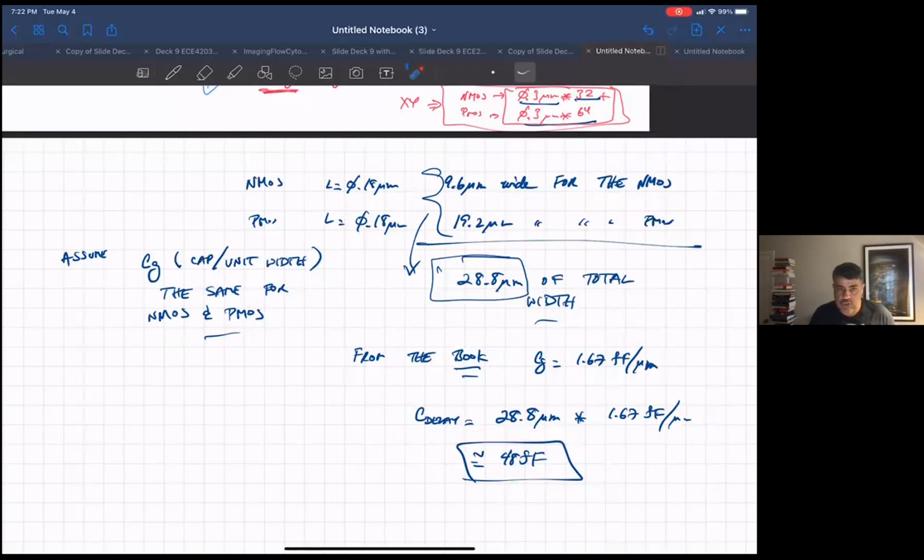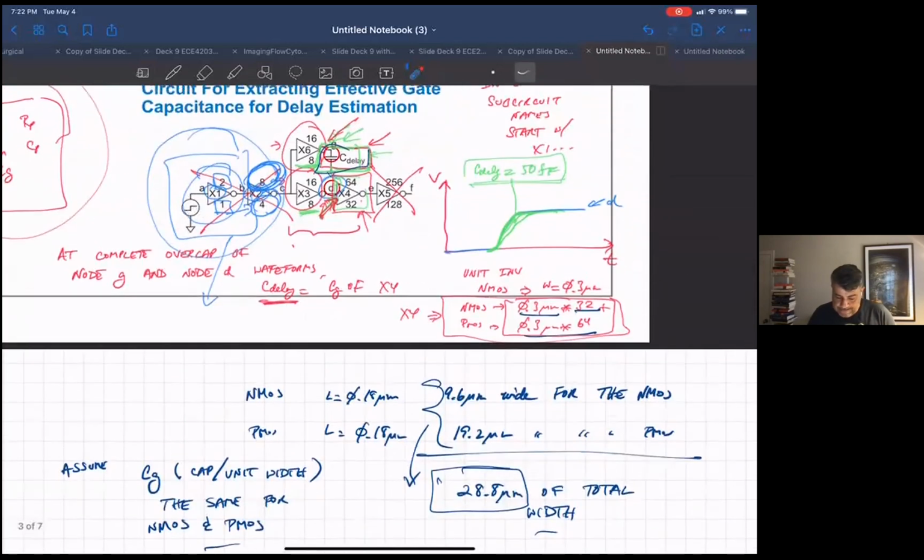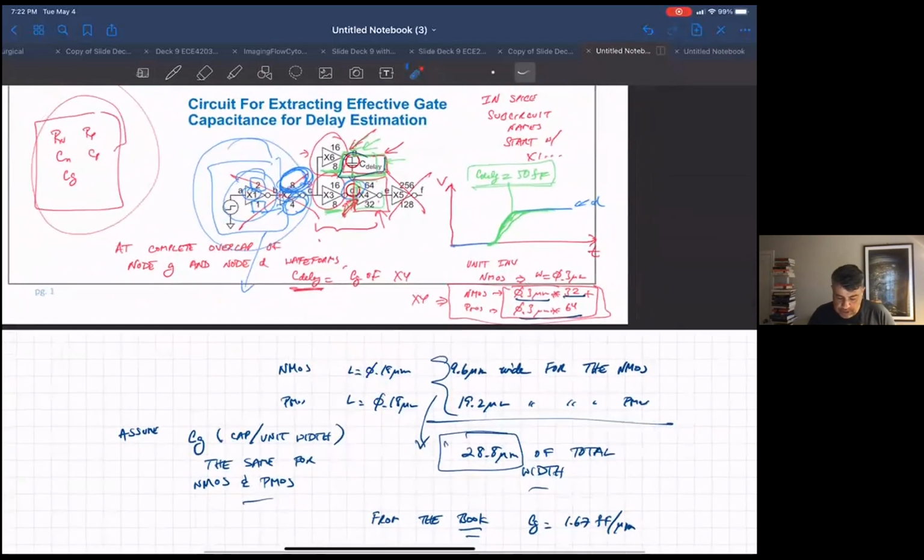But you have this cheat sheet in the book too, which tells you you're in the right ballpark. And by the way, this is only true if you have a minimum length device. So make sure your lengths are all minimum length, 0.18. Keep everything 0.18. So that was pretty long-winded.